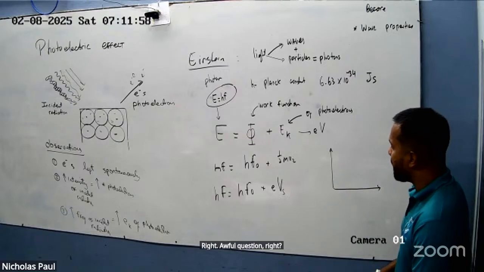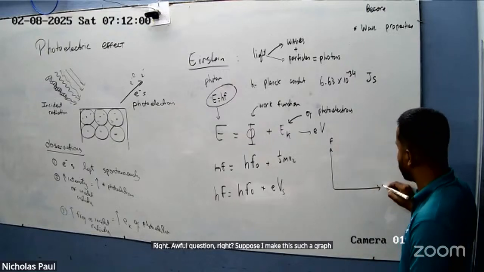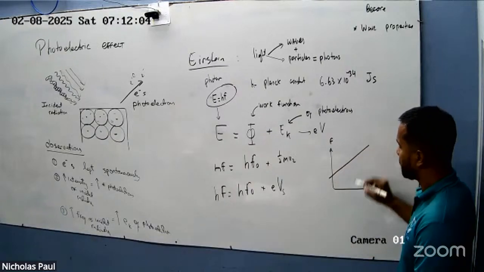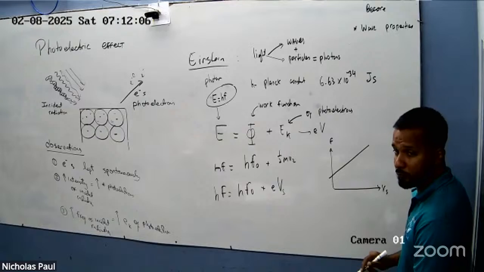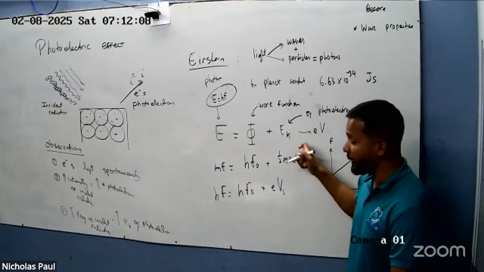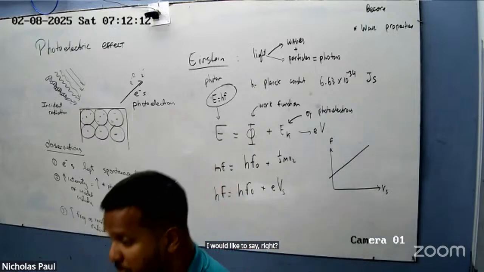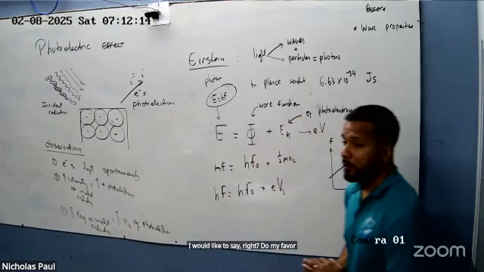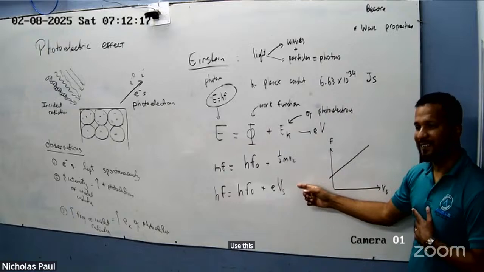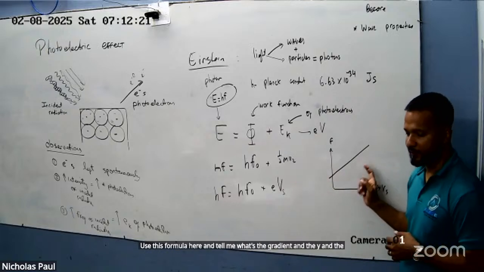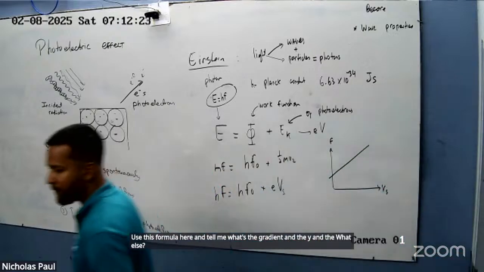Suppose I make you plot a graph of frequency versus V. Do me a favor, use this formula here and tell me what's the gradient and the y-intercept for this. Try that fast.